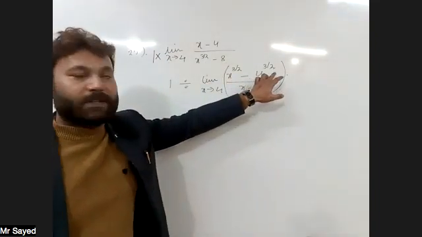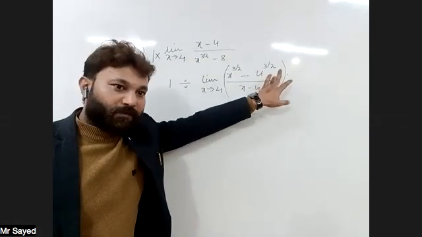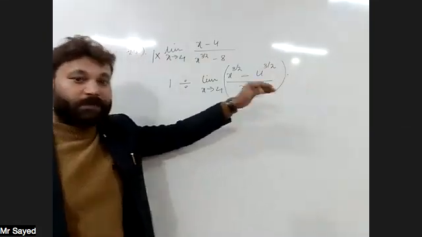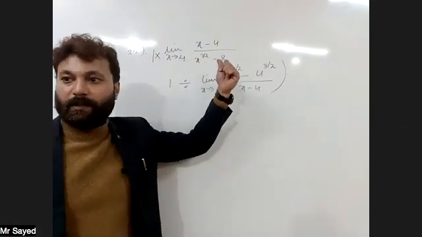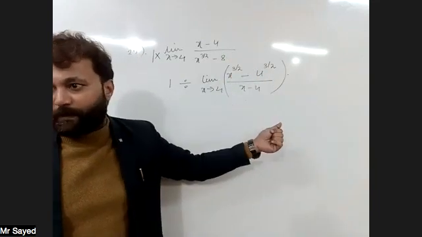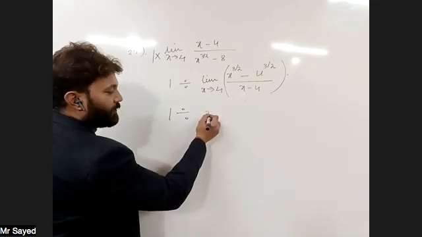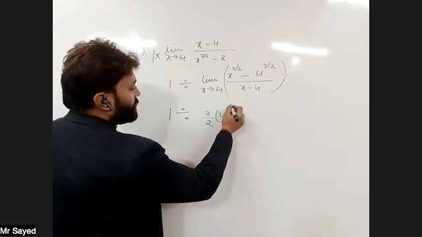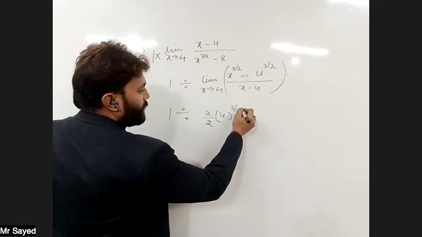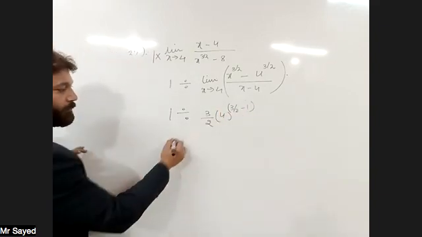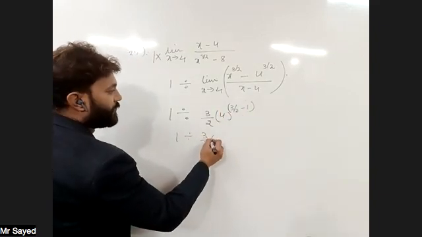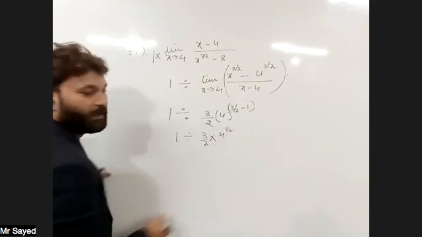8 can be written as 4 raised to the power 3 by 2. The logic for writing it in this form is so that it is (x^n minus a^n) upon (x minus a). So now this will be 1 divided by 3 upon 2, 4 raised to the power 3 upon 2 minus 1. 1 divided by 3 upon 2 into 4 raised to the power 1 by 2.